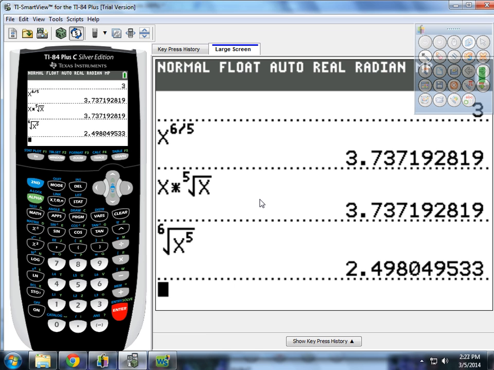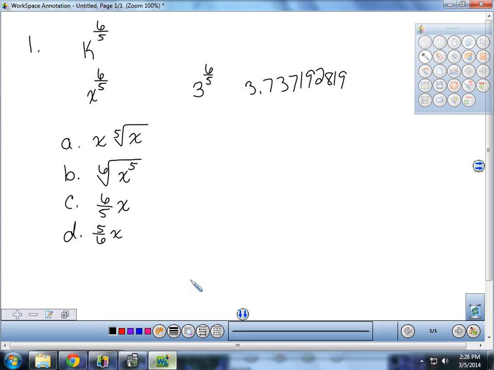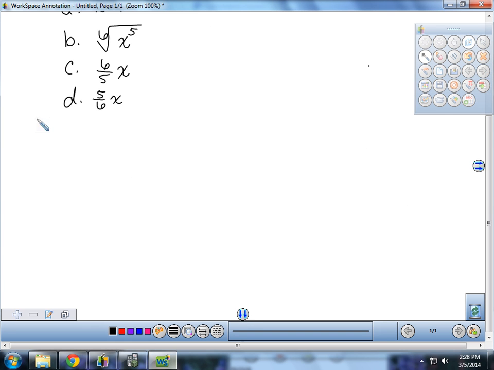Okay, so take a look at problem number 2. Problem number 2 doesn't have any variables, right? But I'm still going to do it the same. So problem number 2, I've got 3 raised to the negative 2/3.